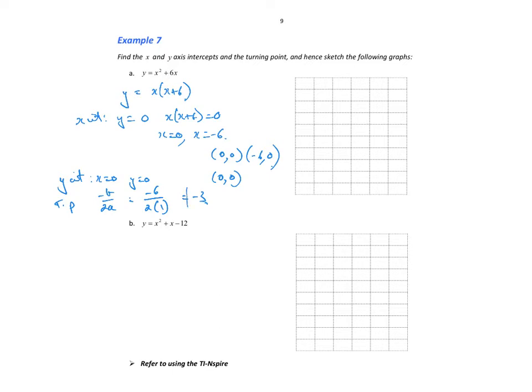So at x equal to negative 3, y is equal to negative 3 squared plus 6 times negative 3, which is positive 9 minus 18, which is negative 9. So my turning point is at (negative 3, negative 9).